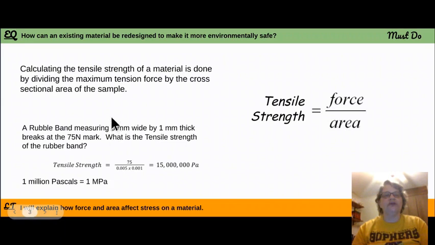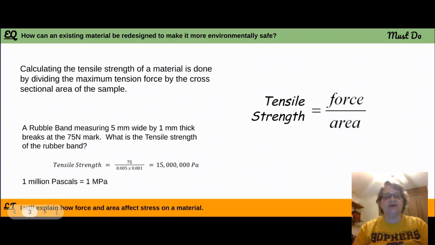For example, if we're looking at a rubber band that measures 5 millimeters wide by 1 millimeter thick, and it breaks at the 75 newton mark, what is the tensile strength of the rubber band?